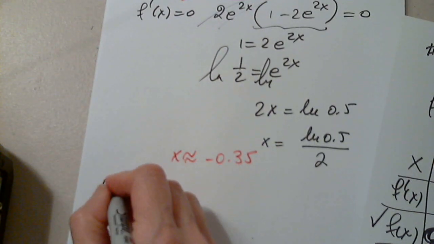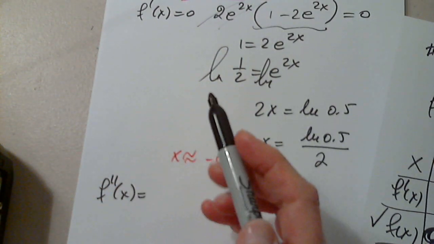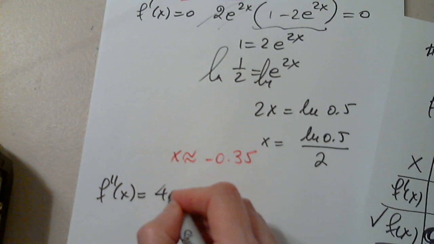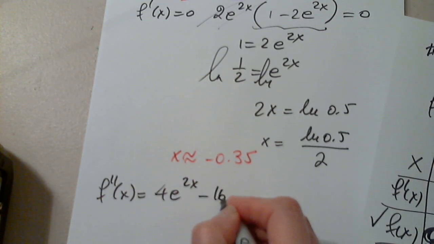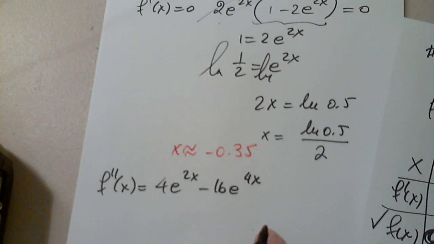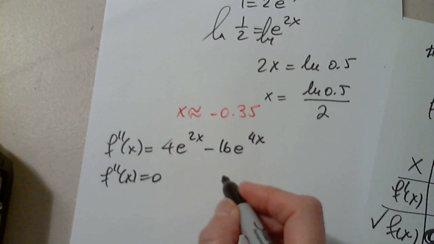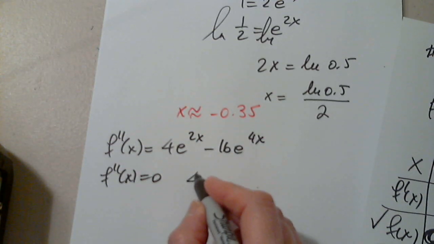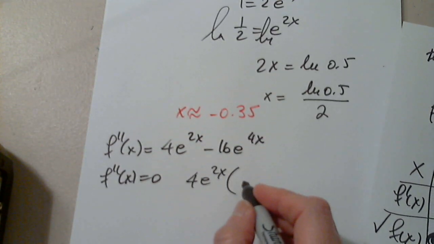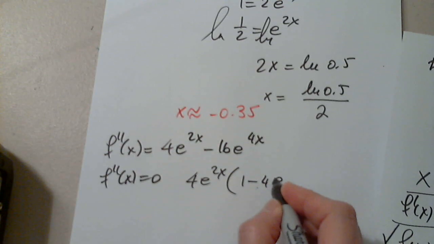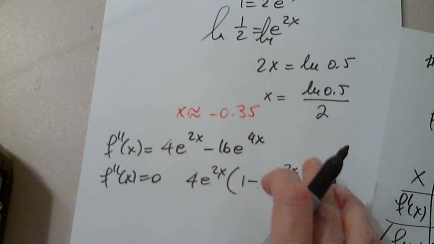Okay. Not really, but anyway, so this will be 4e to 2x minus 16e to 4x. And when I set the second derivative equal to 0, I would factor out 4e to 2x, and I get 1 minus 4e to 2x equals 0.